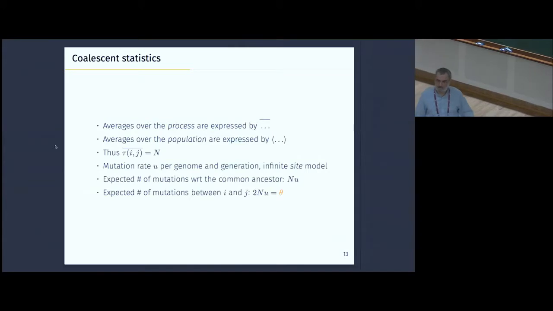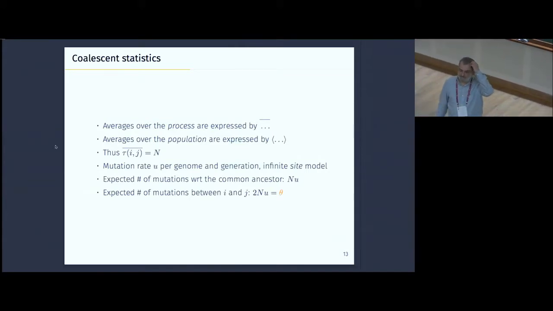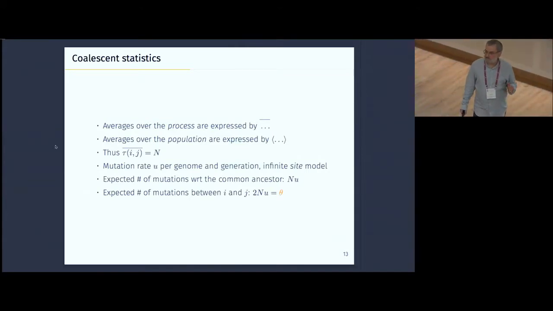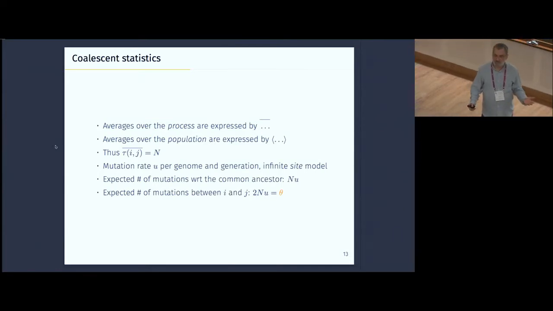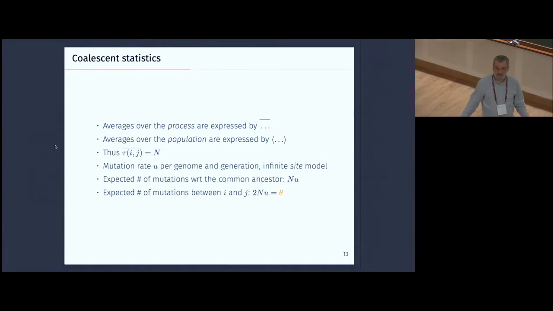Now, we want to make statistics of that. And here we have to distinguish two things. We are given a population. A population is a sample of the process at a given time. And the process itself has some distribution. So I want to distinguish between the average of one population, one actual sample, maybe of an actual population that I'm studying, and the mathematical average.